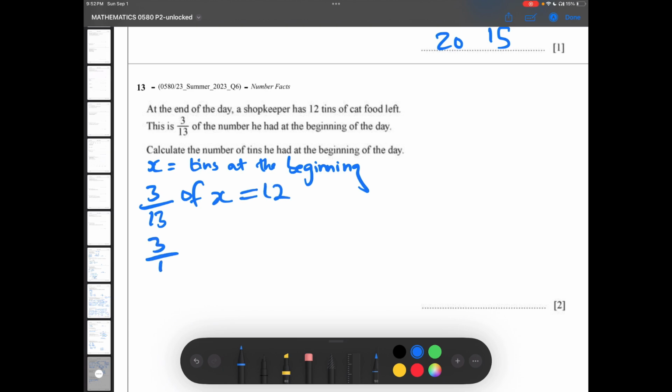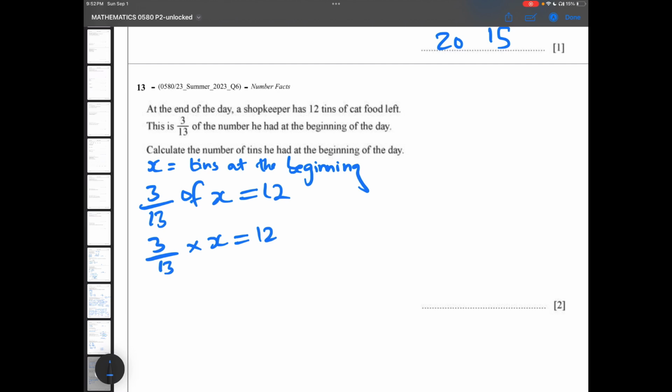Now it is pretty easy to solve this equation by multiplying. So 13 is being divided on the left side of the equation. Let's move 13 to the right. It becomes 3x is equal to 12 multiplied by 13. And 12 into 13 is 156.